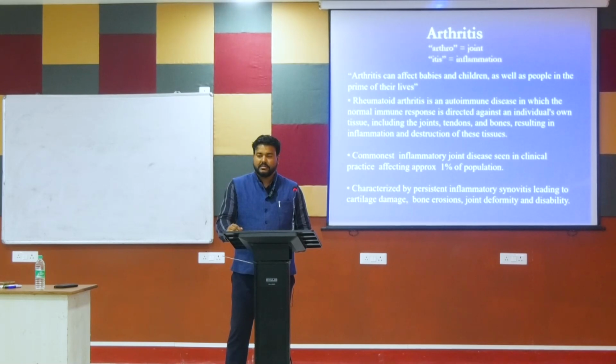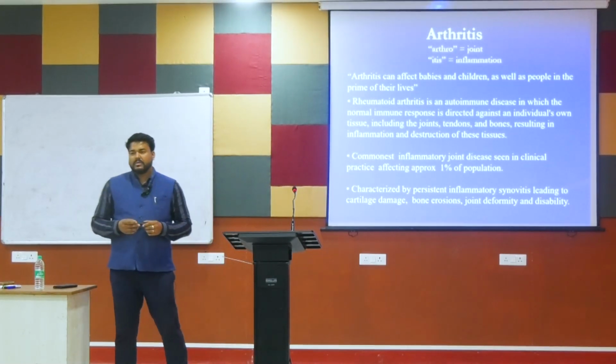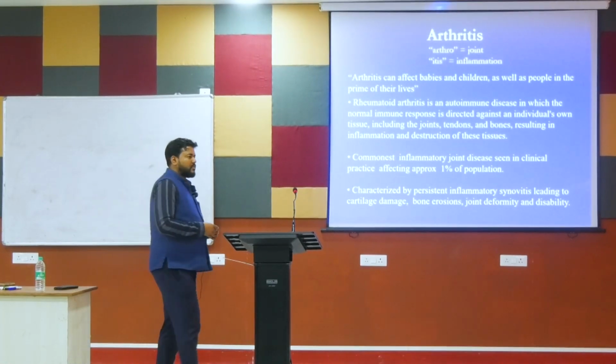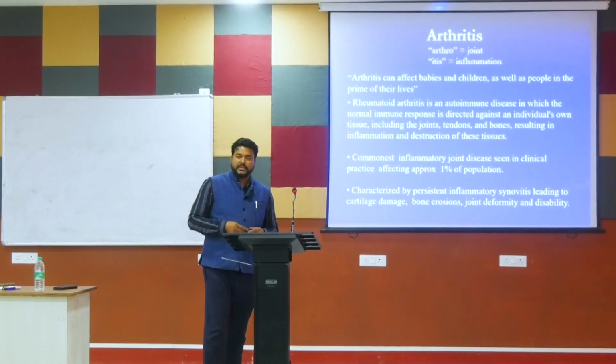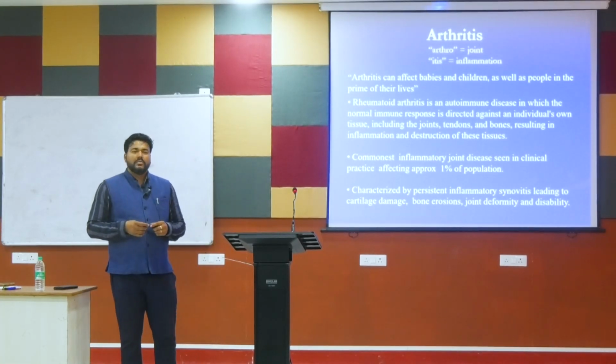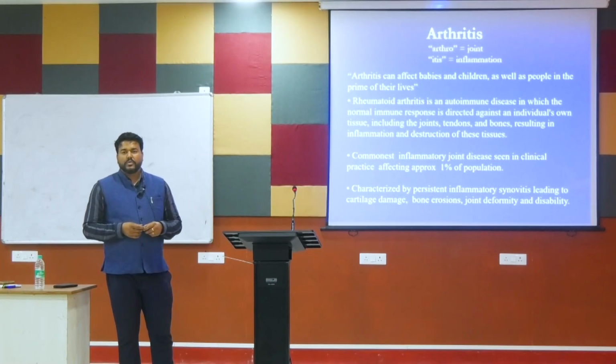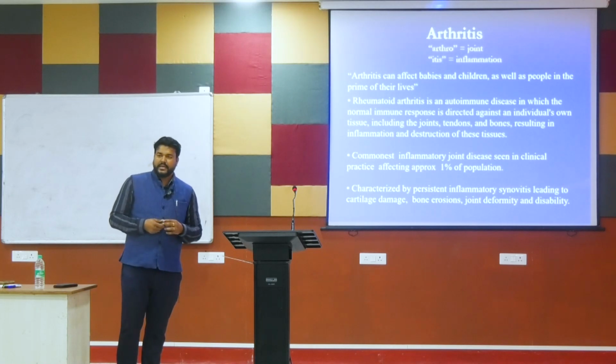Normally there is no antibody against your own tissue, but due to some abnormalities in the immune system, antibody may be produced against your own body tissue. That is called autoimmune disease. One example is rheumatoid arthritis.